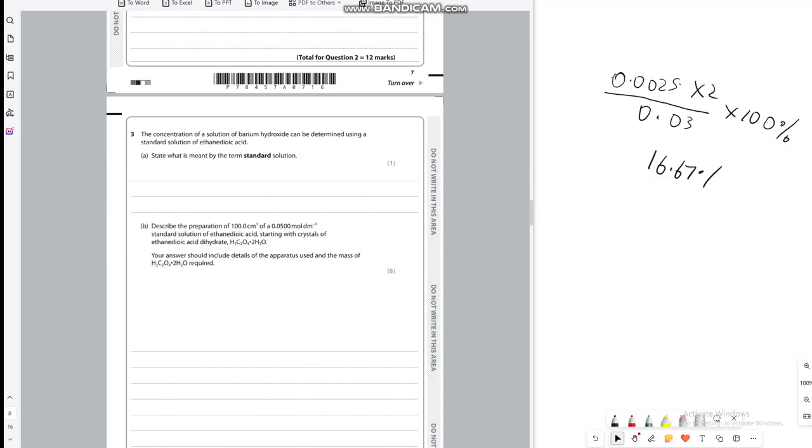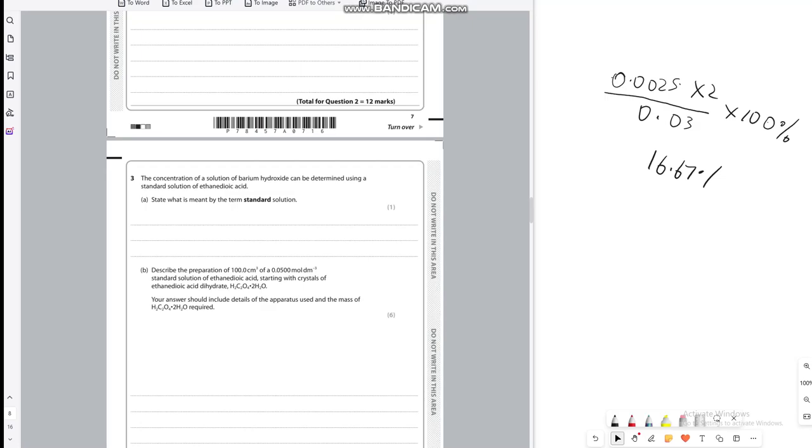Question number 3. The concentration of a solution of barium hydroxide can be determined using a standard solution of ethanedioic acid. State what is meant by the term standard solution.